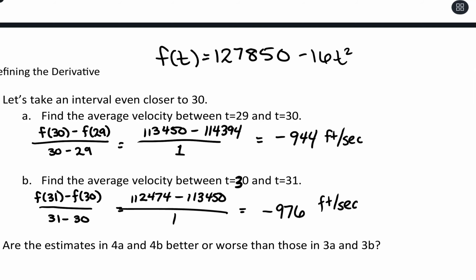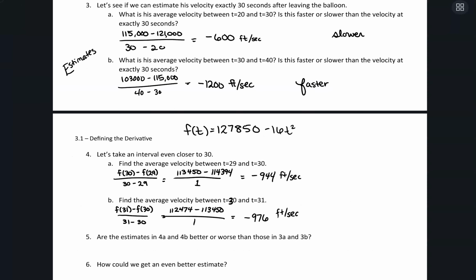So this is giving us a bit of a clearer idea of what's happening at exactly 30, because when we did the estimates, that's quite a range there of rates of change. One's like twice as fast as the other. These are giving me more of an idea of what's happening at 30, because that's what would be happening right between these, and those are pretty close together.